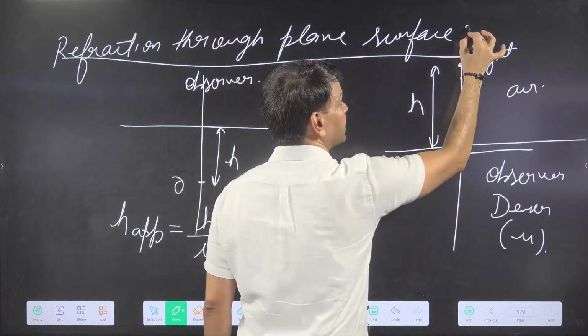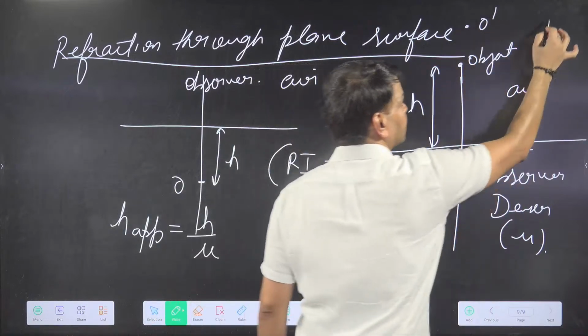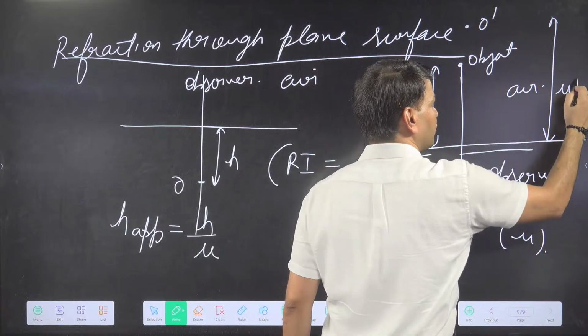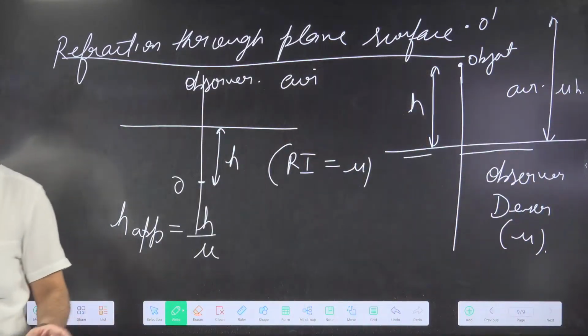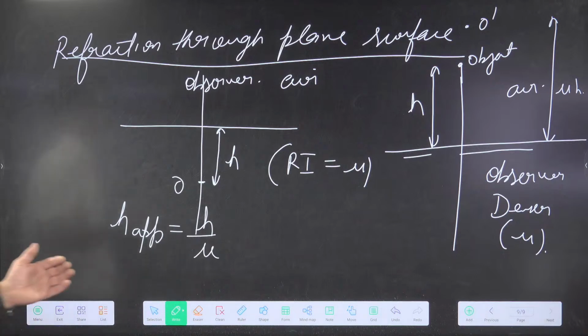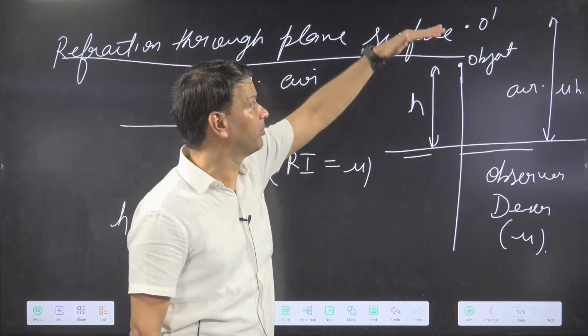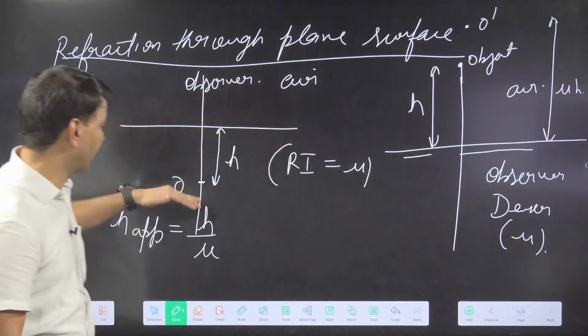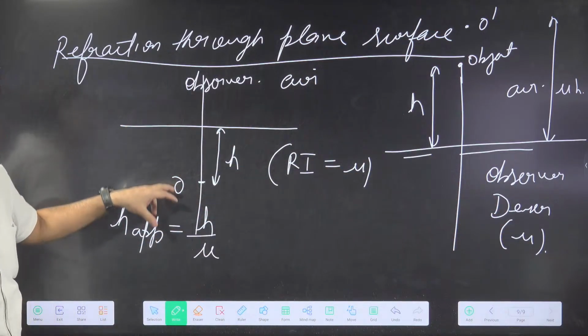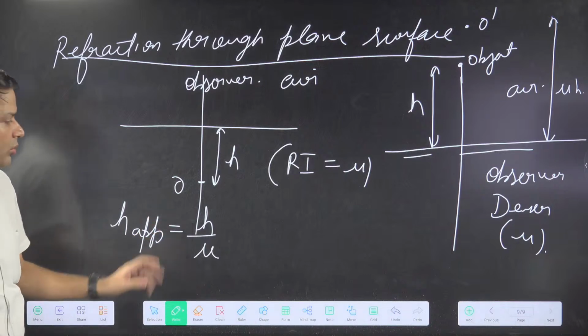The object will appear at a greater height, equal to mu into h. So when the object is in the rarer air and the observer in the denser, the apparent height will be mu h. Remember the bird and fish case. When the fish is the object, the apparent depth will be lesser, h by mu.